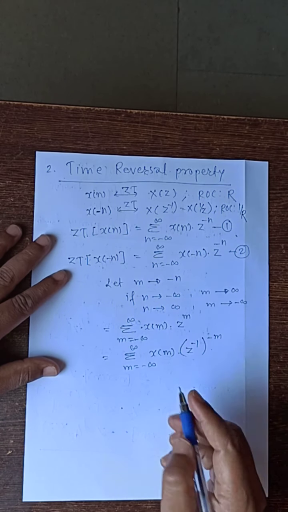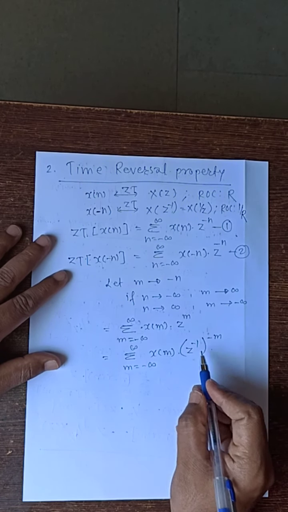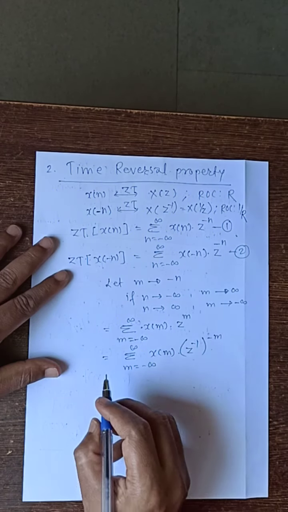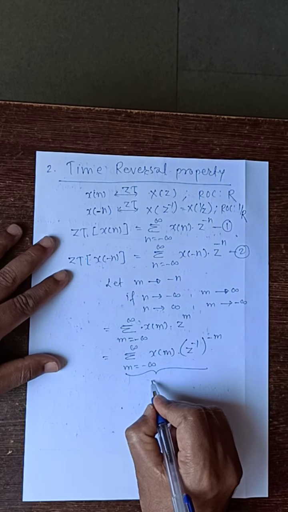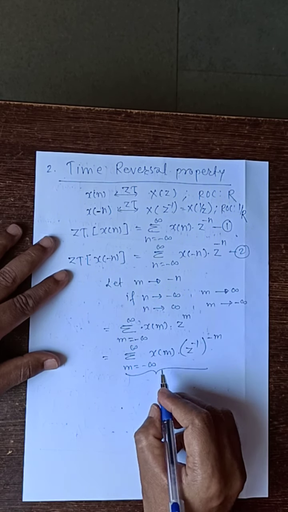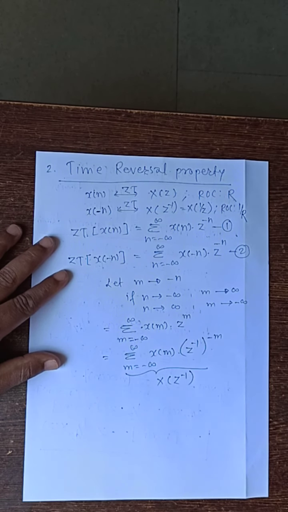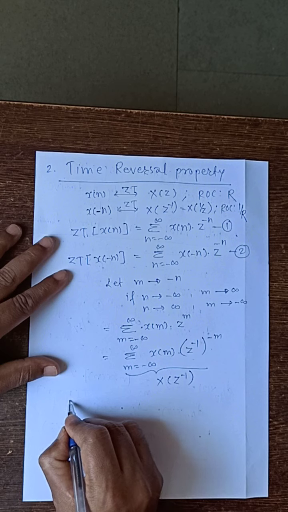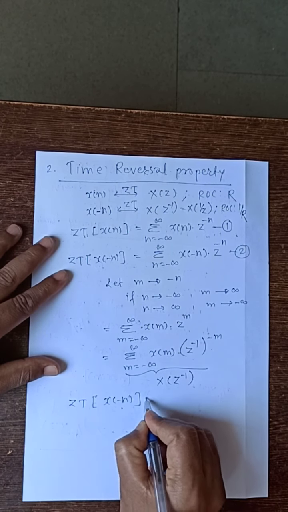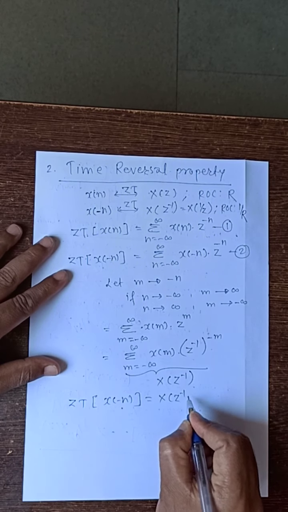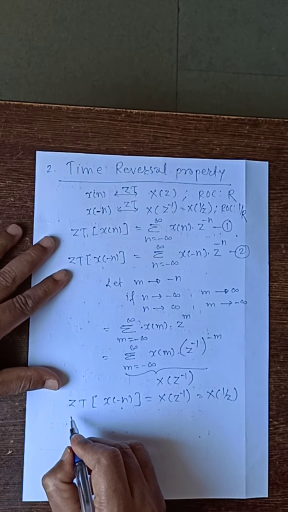That's all. So this is equal to what? Z transform X(z raised to minus 1). So this indicates that Z transform of x[-n] is equal to X(z raised to minus 1), that is equal to X(1 by z).